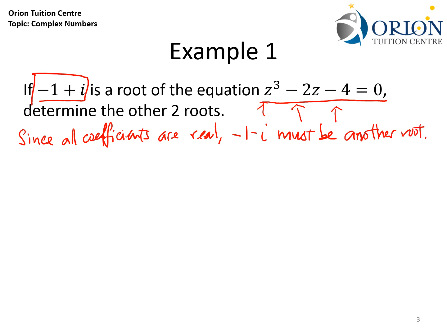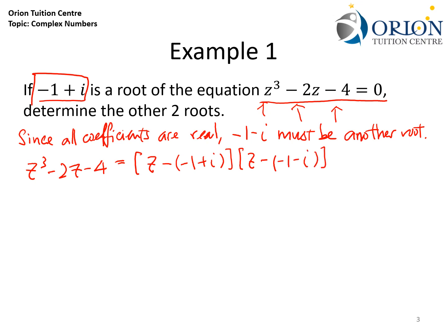Next, we want to find out the third root, and this third root must be a real number because the first two roots have already formed a conjugate pair and there is no other root for this third root to form another conjugate pair with. So with that, we can say that this equation z cubed minus 2z minus 4 can be factorized into z minus (minus 1 plus i) multiplied by z minus (minus 1 minus i) multiplied by z minus a, where a is the third root that we are required to find.